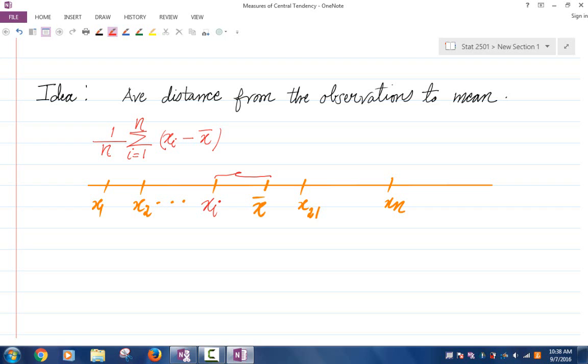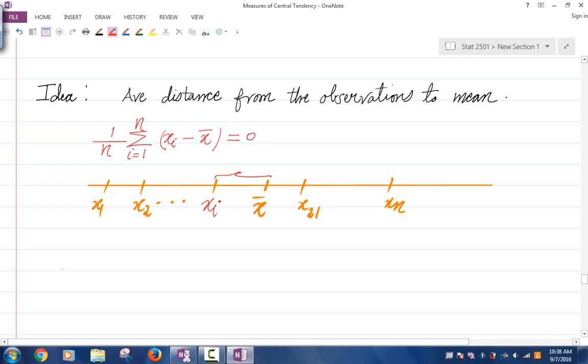Well, the problem here is this is going to be 0 no matter what observations you have. This quantity will always be 0. Let me expand that. So basically that sum is always going to be 0.